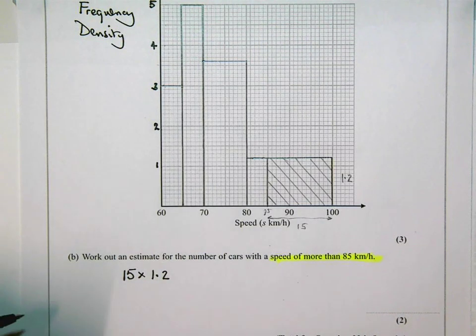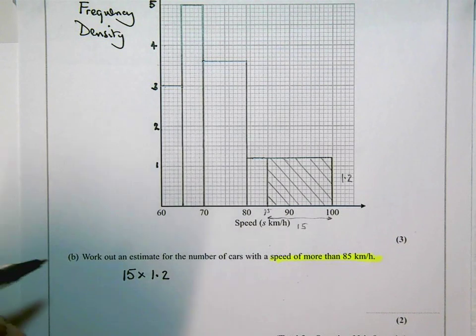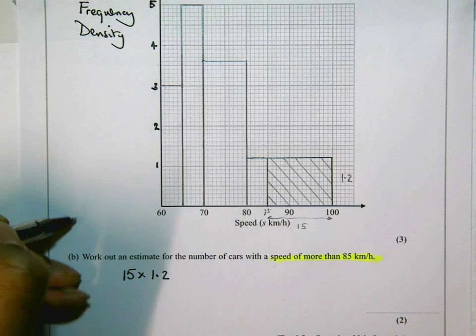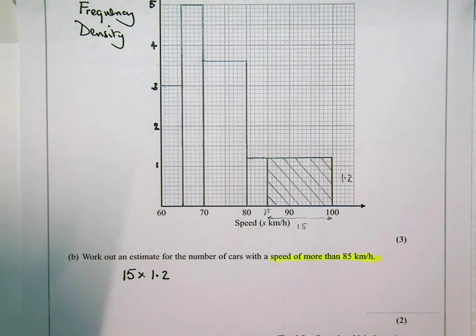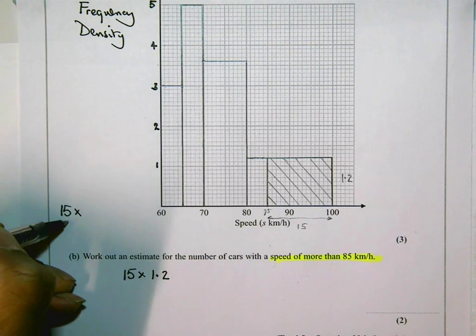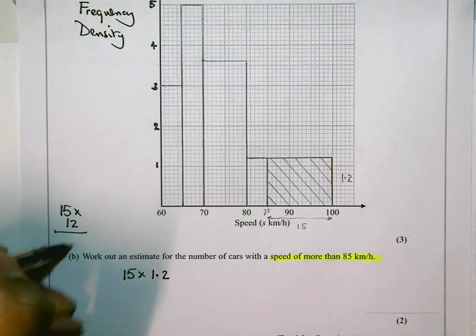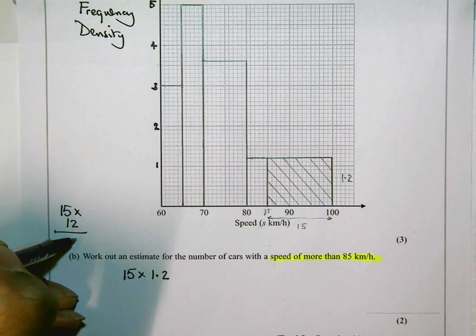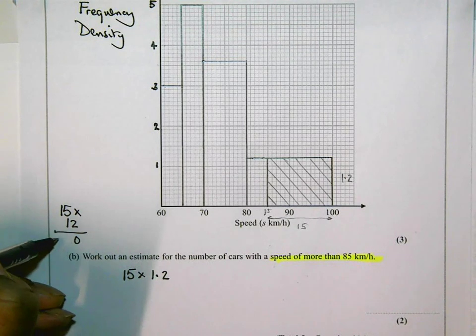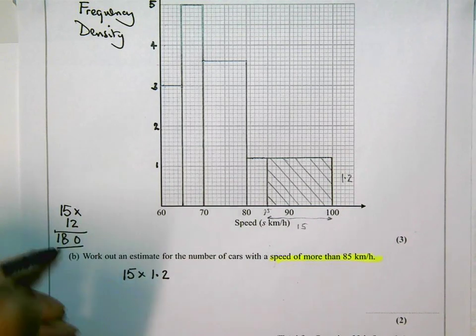What I may well do is break it down into two sections. If I did 15 times 12, right, so 12 times 5 is 60, 12 times 10 is 120, add 60 is 180, and I need to put one decimal place in there.